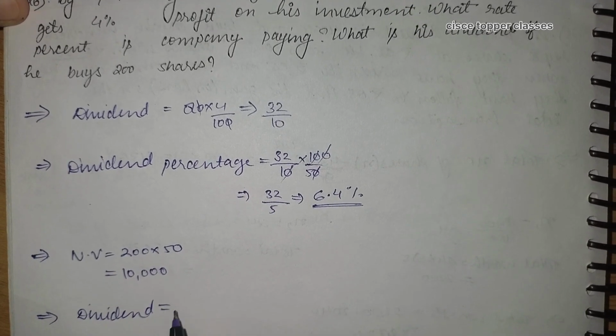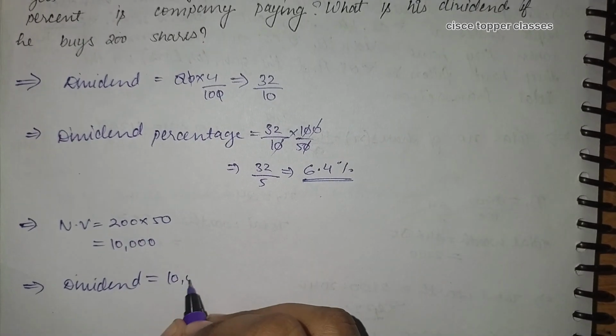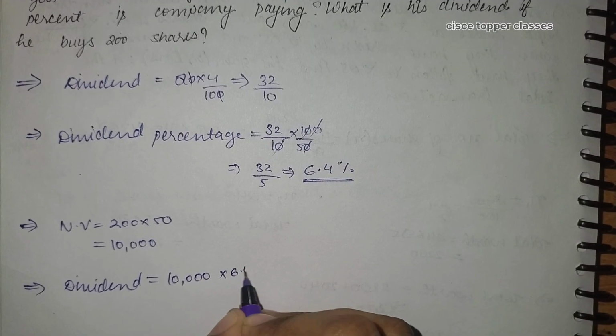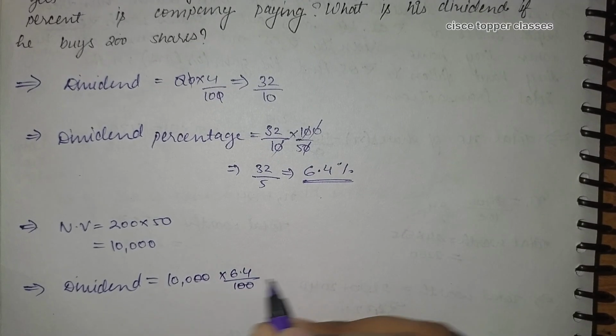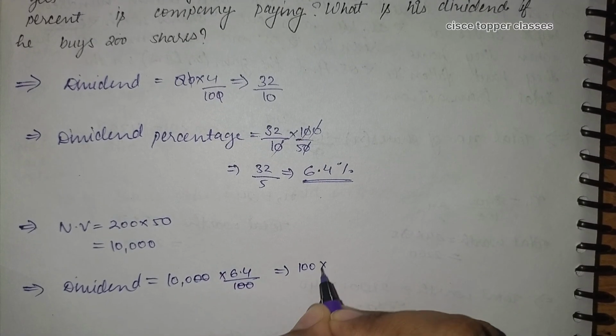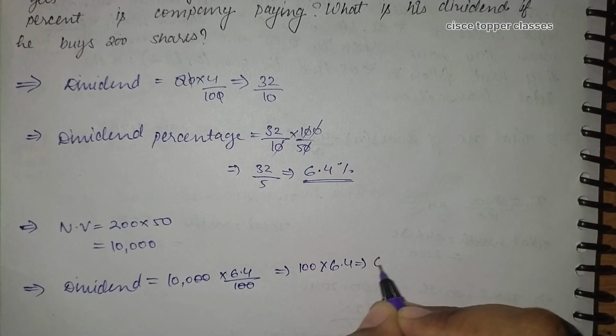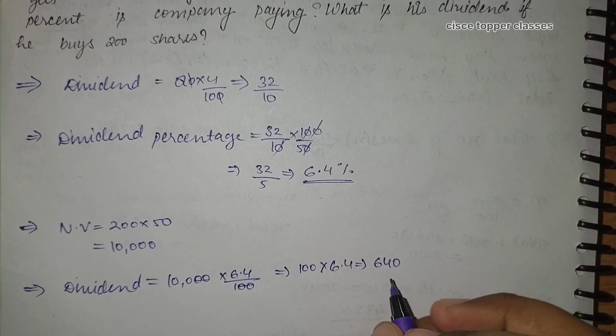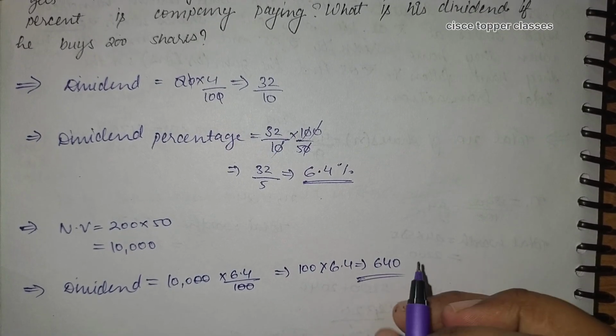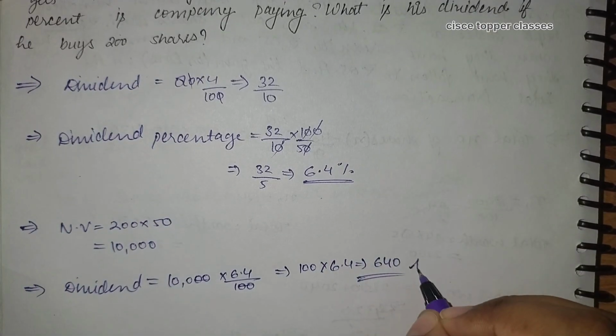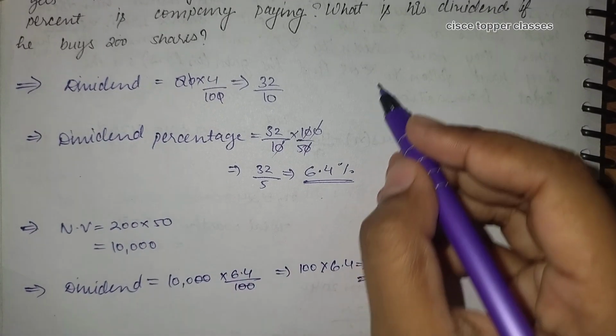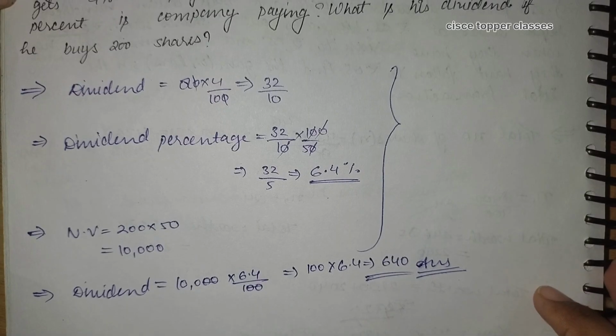So this will be 6.4% of 10,000, 6.4 divided by 100, the 0s will be cancelled out, and 100 into 6.4, this will be 640 as the dividend here if he buys 200 shares. So this is the answer in this question, and this is the final solution of question number 26.